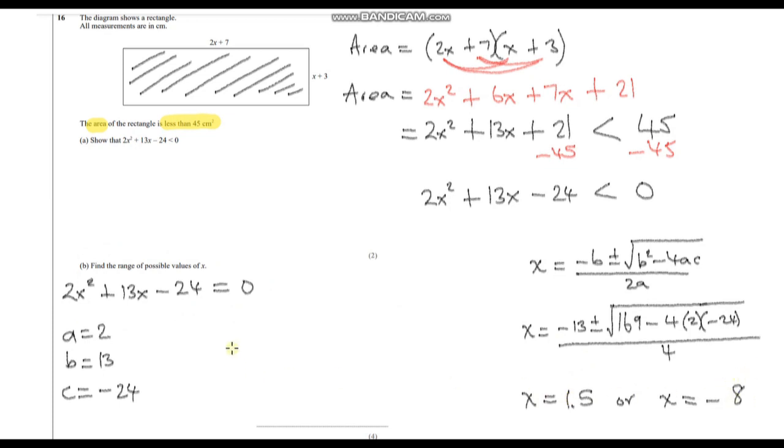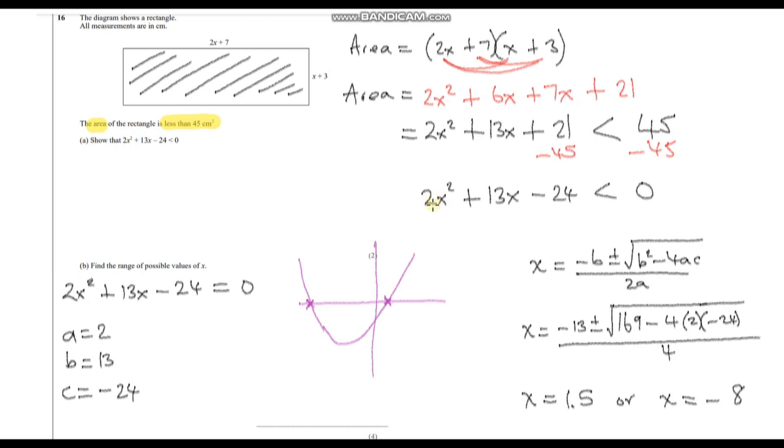But remember, we're not solving the equation, it's an inequality. So the easiest way I think of doing this is if we were to draw a coordinate grid, and plot our solutions or our roots, so x equals 1.5, let's say that is about there, and x equals negative 8, that will be somewhere like that. So our quadratic, we sketch it, it doesn't need to be very accurate, but you can see what's going on. So this is just a sketch of our quadratic.